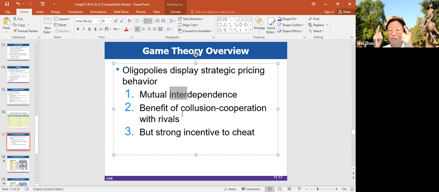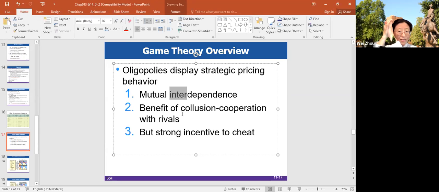Okay. However, think about that. They coordinate and collude together, and that will make them stronger and get more profit. But let's say Walmart and Alva decide, let's combine together, we charge $6 per gallon of milk.